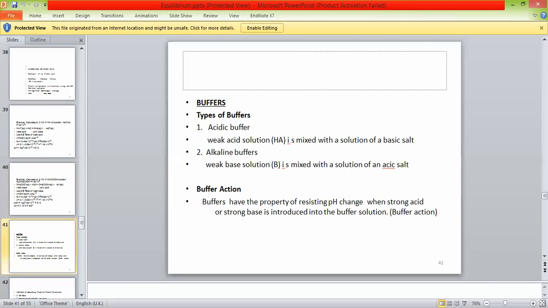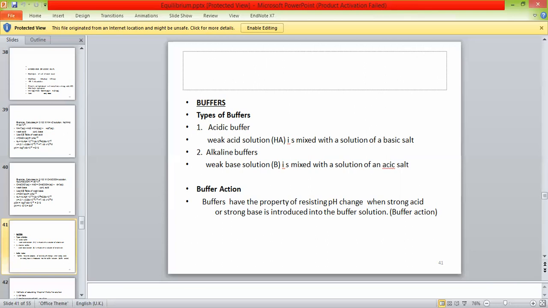So the buffer capacity of any given buffer is plus or minus 1. Now, we have two types of buffers. That is an acidic buffer and an alkaline buffer, which can also be referred to as a basic buffer.